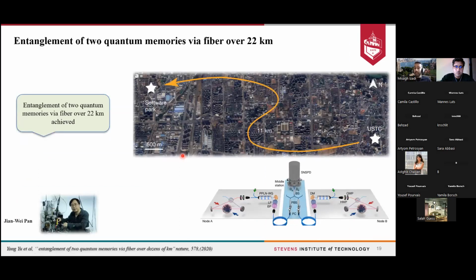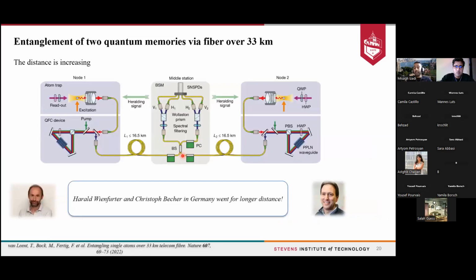Just very recently, they started realizing quantum repeater-based quantum networks, which use entanglement between two quantum memories, which is very important for future applications of quantum networks. And very recently, last year in Germany, they went for even larger distances, and the progress is huge. Every day we see something new in this area.